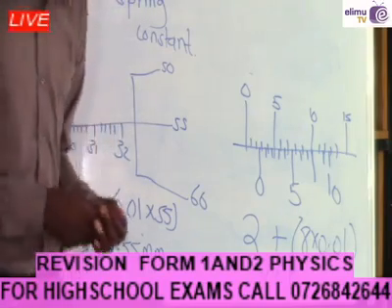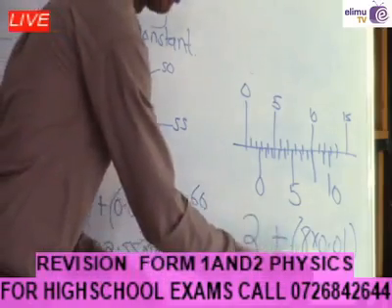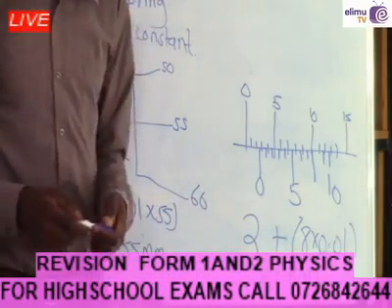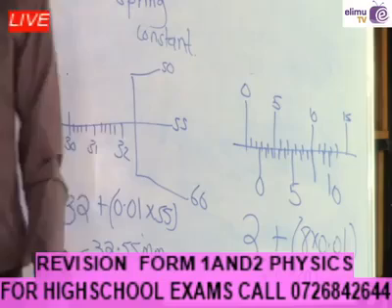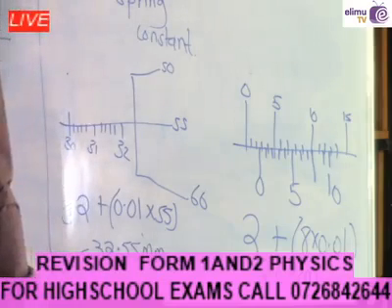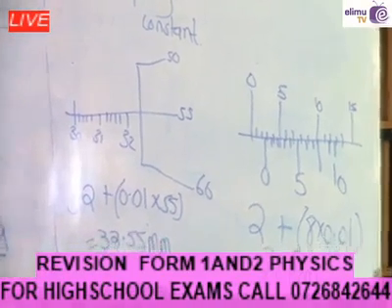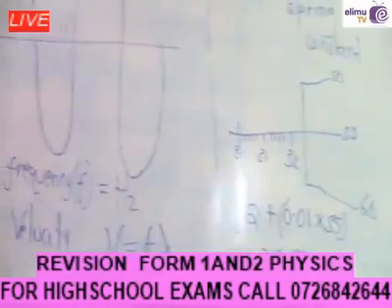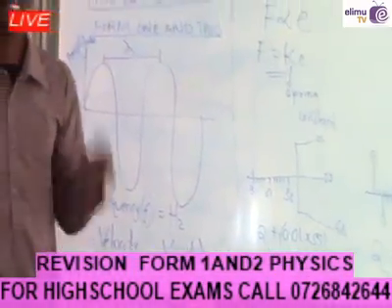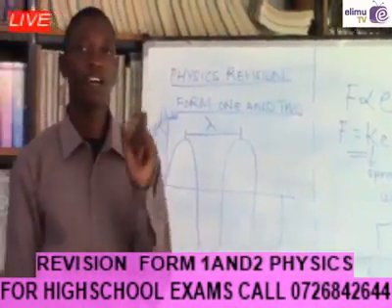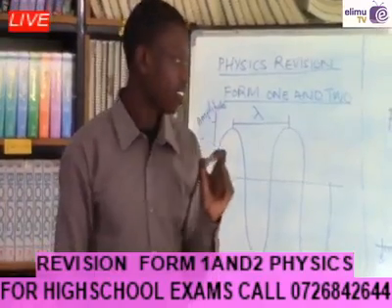Its units are written in centimeters. So that is one of the differences: the micrometer screw gauge has its units in millimeters, the vernier calipers has its units in centimeters.